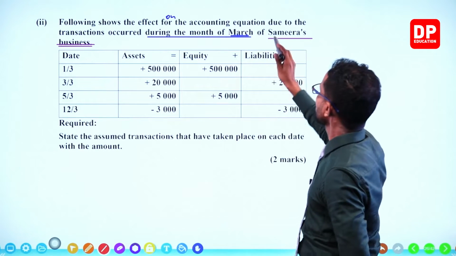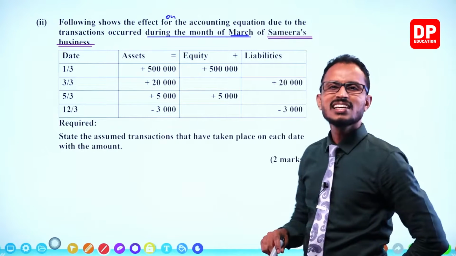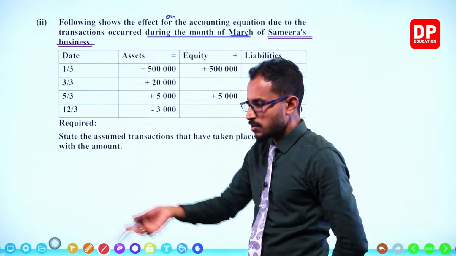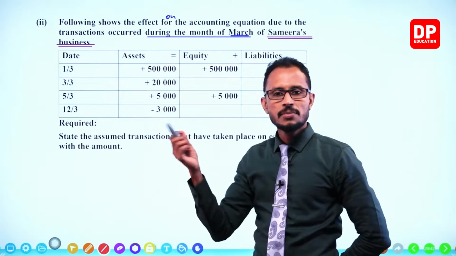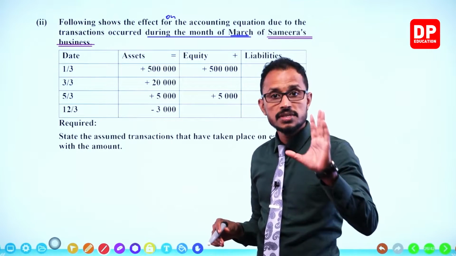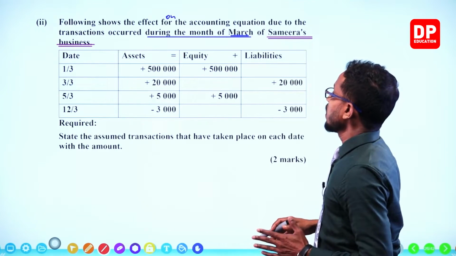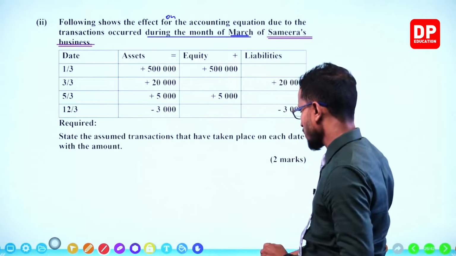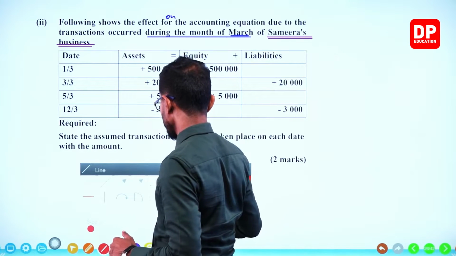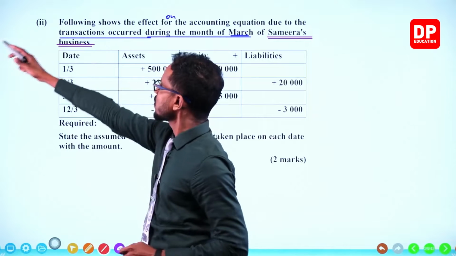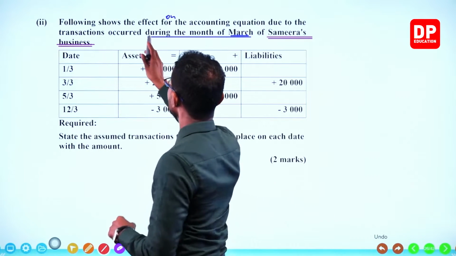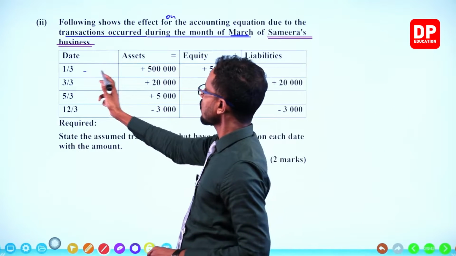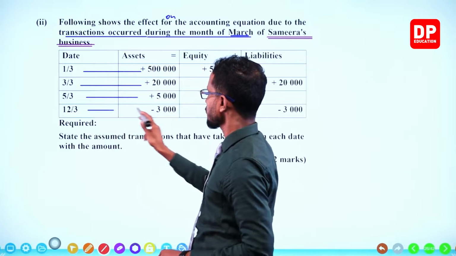Whoever Samira is, we don't care about the owner. The business is important to us. Transactions occurred during the month of March. We have 4 transactions.